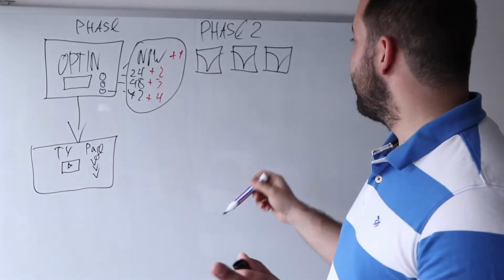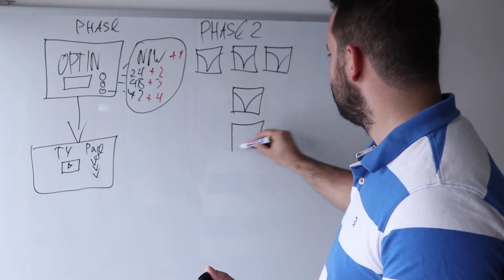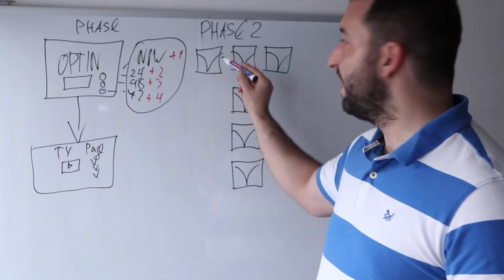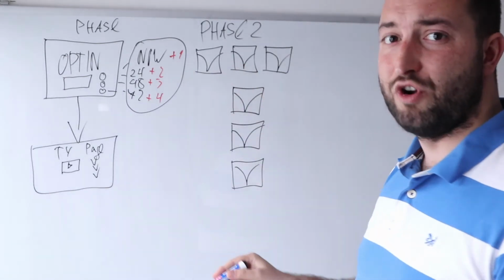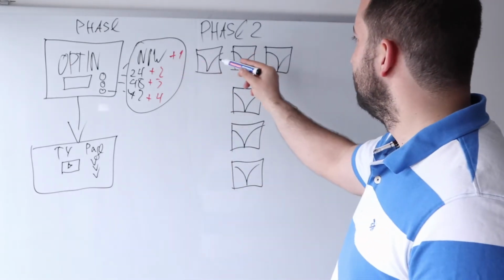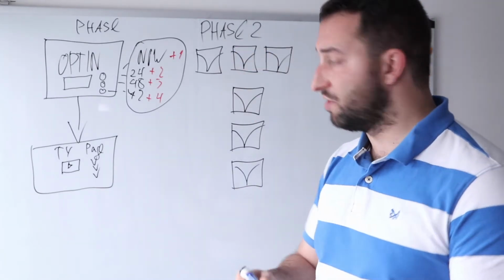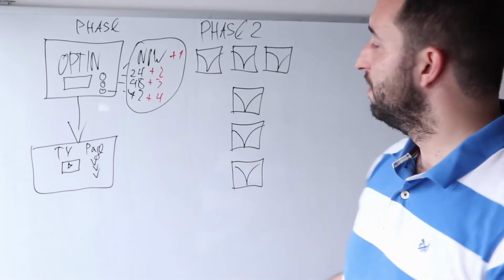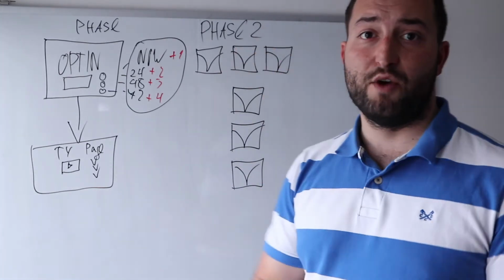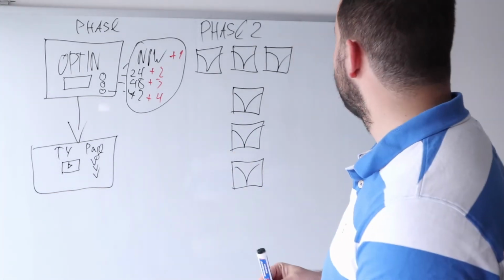Or the sequence can be exactly the same, and just the first email they get will be different depending on the tag. In this first email, and also the rest of the emails, there will be countdown timers inside the email which show when the webinar starts, when this video starts.